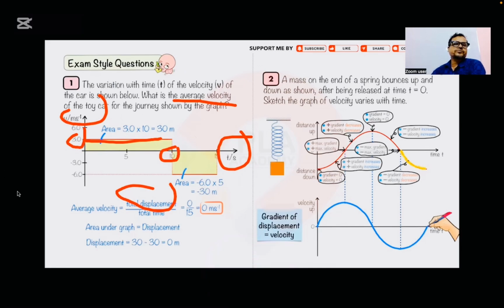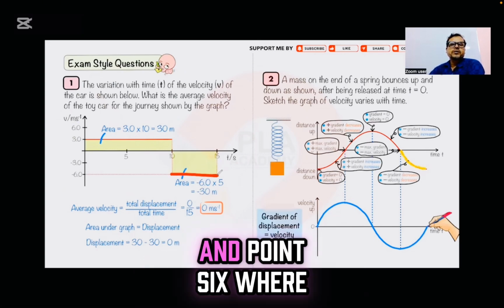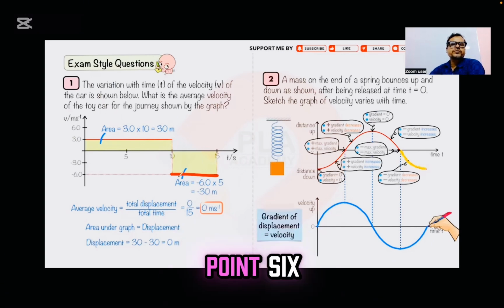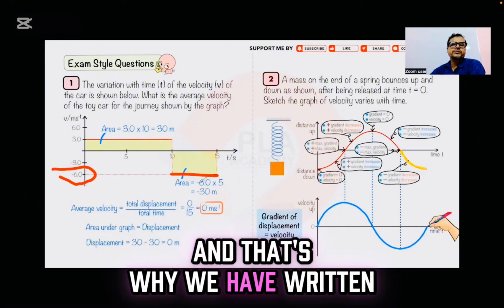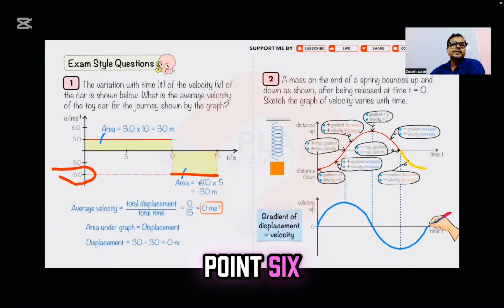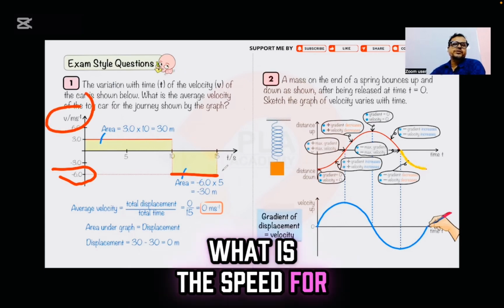Here this section is 5, and 0.6, which means velocity for this section.